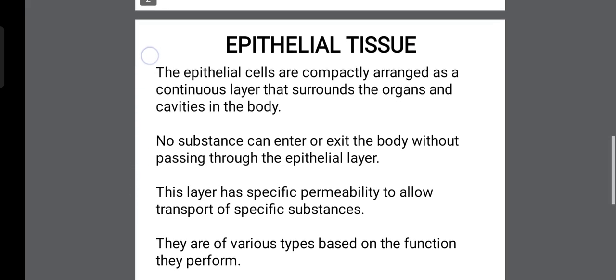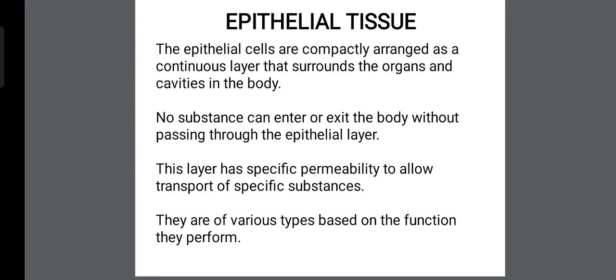Now, what is epithelial tissue? They are compactly arranged cells and it forms a continuous layer that surrounds the organs and the cavities in the body. So, for example, you have the lungs which are surrounded by the pleura. You have the heart which is surrounded by the pericardium.